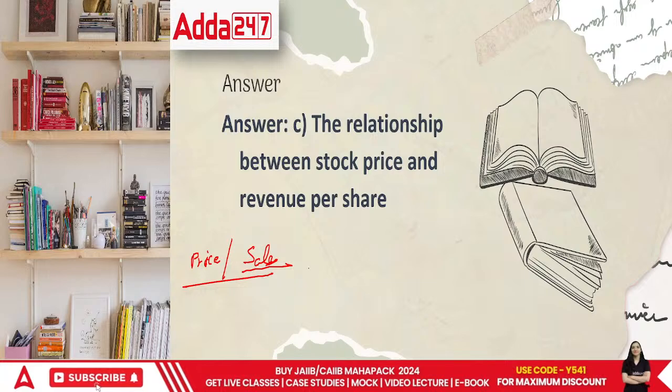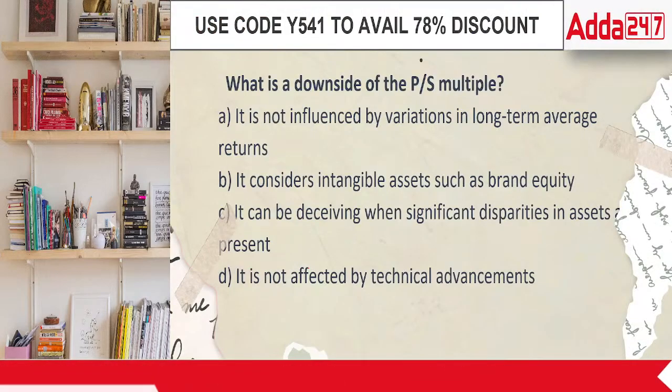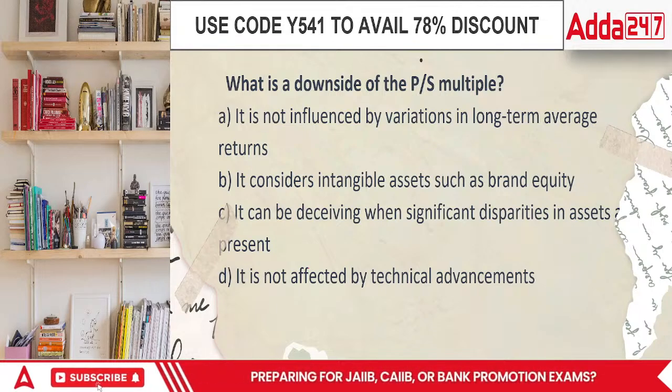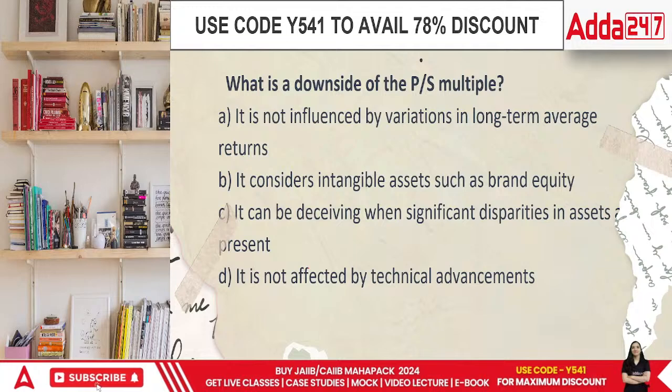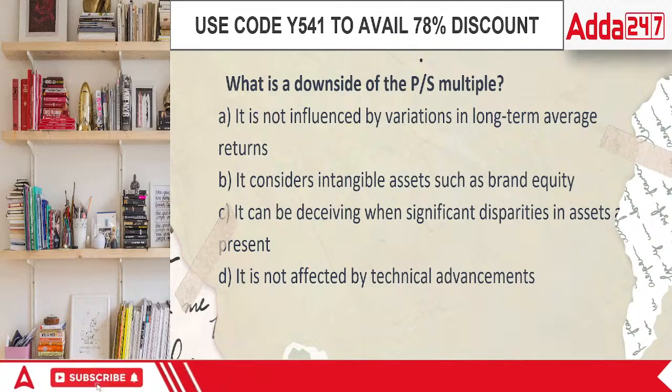Chaliye. Now let's move on to the next point. What is the downside of PS multiple? All these multiples have a positive and a negative. That's why these multiples get respect in certain areas and in certain areas they don't. It would vary.